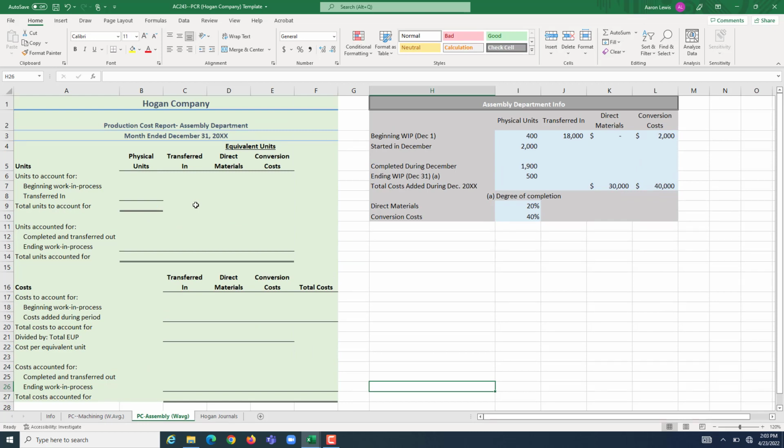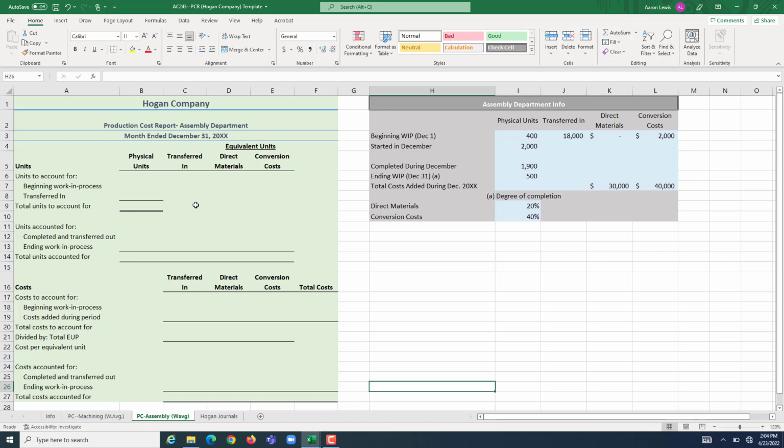For every department, every phase of production after the first one, you're always going to have a transferred in cost, and it's going to keep track of all of the costs that come in which were spent in previous departments. It sums up. So if we had a 3 or 4 or 5 step production process, as we made a PCR for that phase of production, the transferred in cost wouldn't be just the cost of the phase immediately before it.